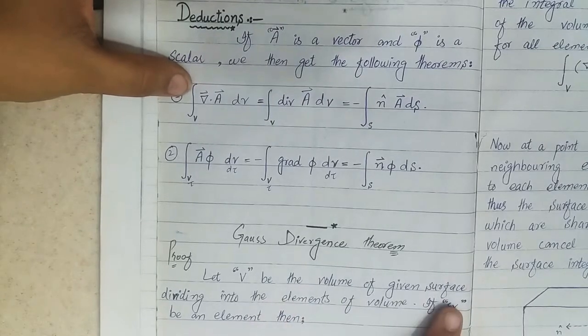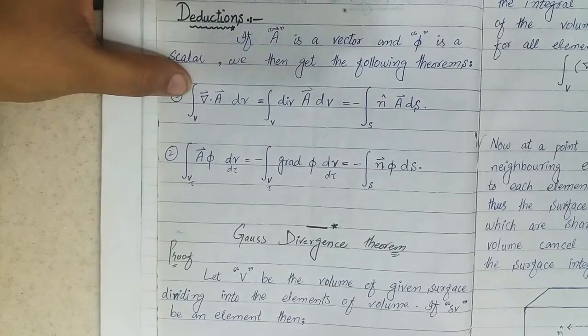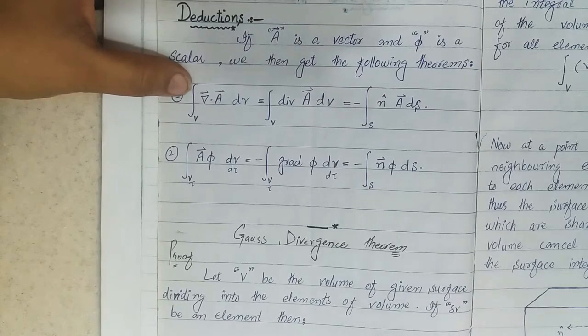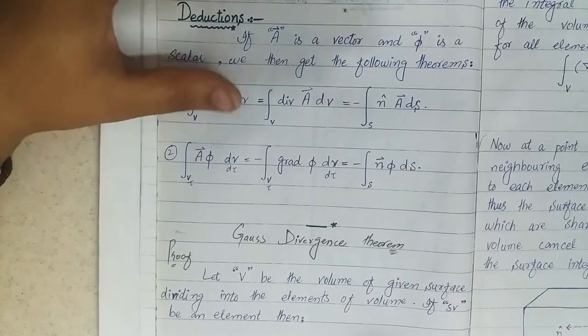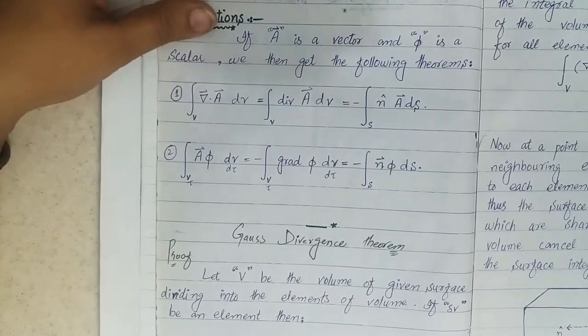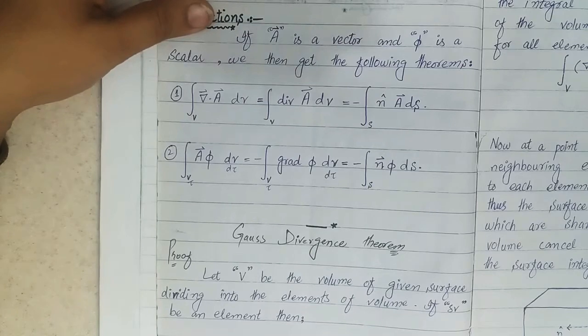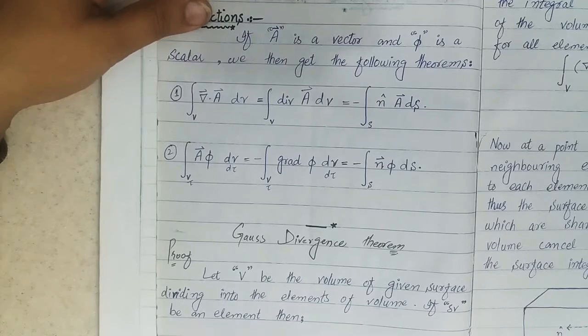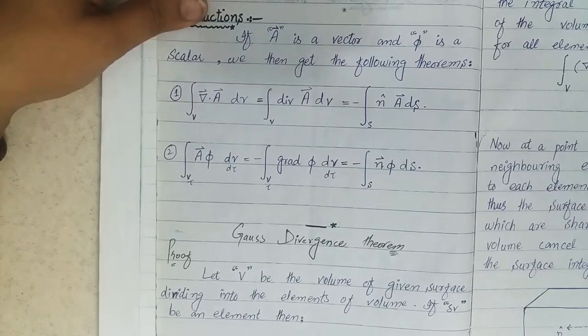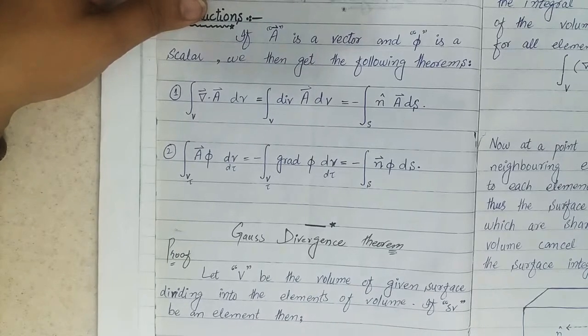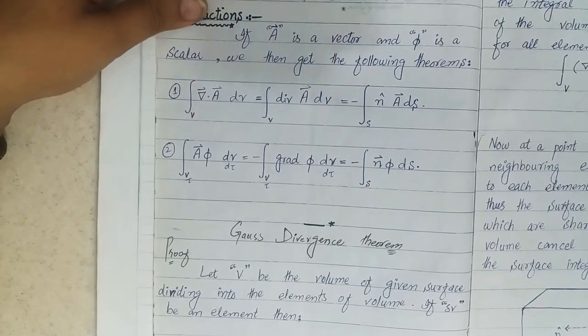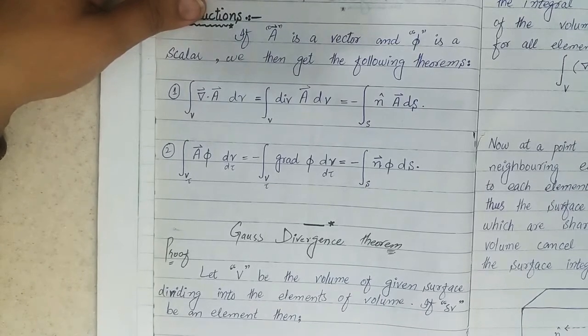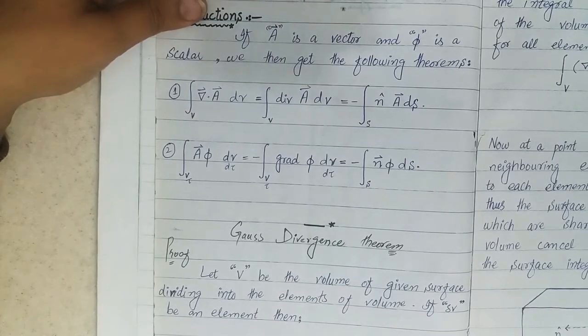Let V be the volume of the given surface, and we divide it into its elements, where a small element is called delta V. Then by using the first statement, del F delta V is equal to, del F is the divergence of a vector, equal to the negative of the unit vector n into F dS, where F may be a scalar or a vector function and dS is the element of the surface.